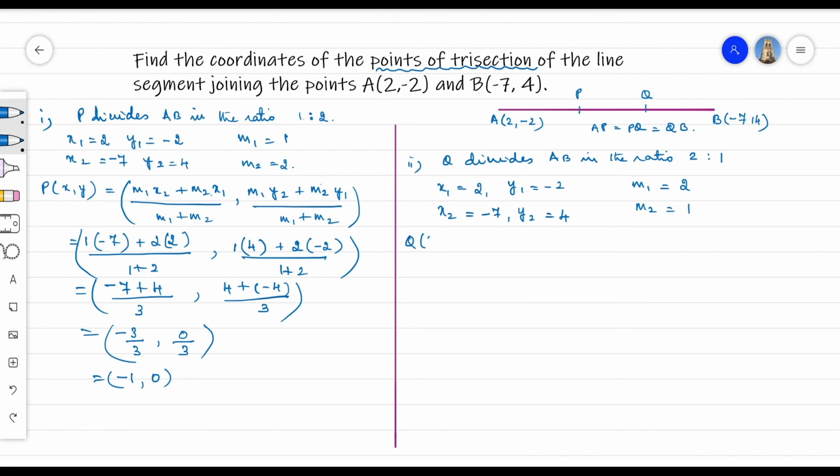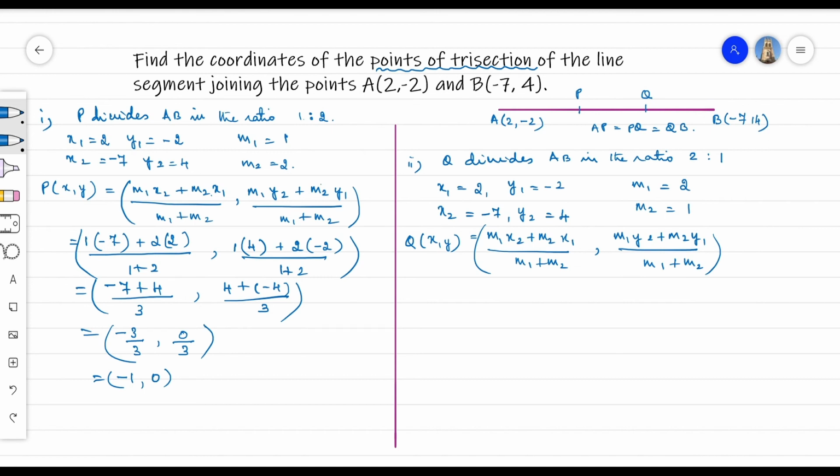So Q(x, y) is equal to m1 x2 plus m2 x1 divided by m1 plus m2, comma m1 y2 plus m2 y1 divided by m1 plus m2.